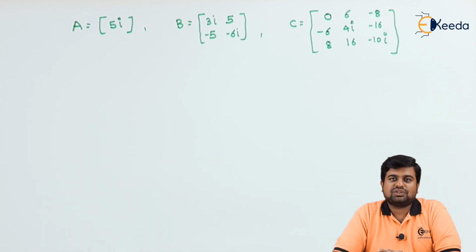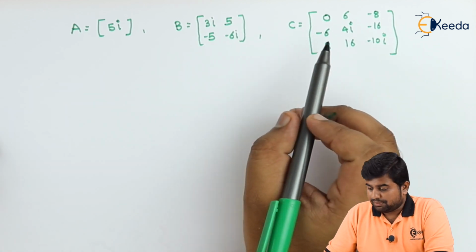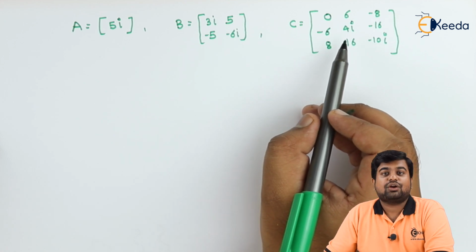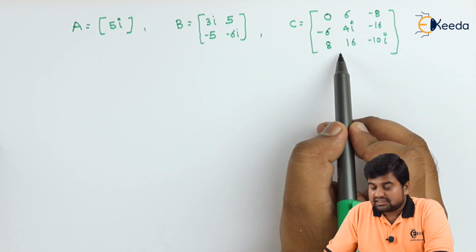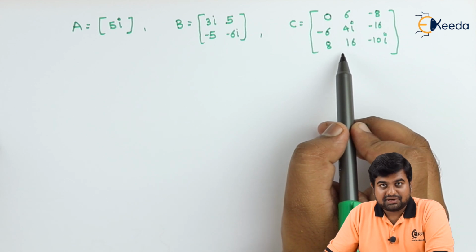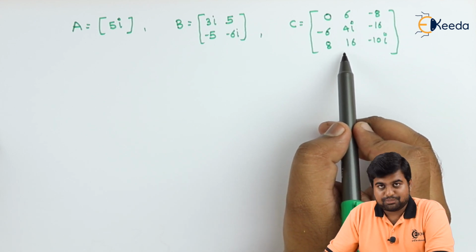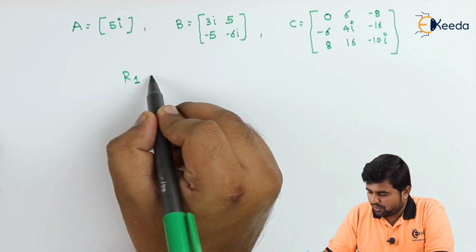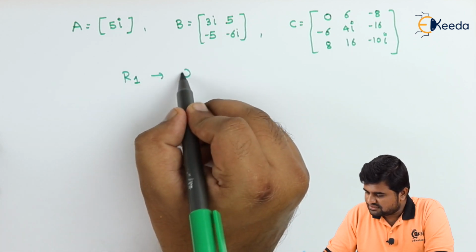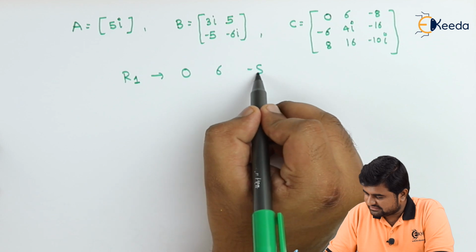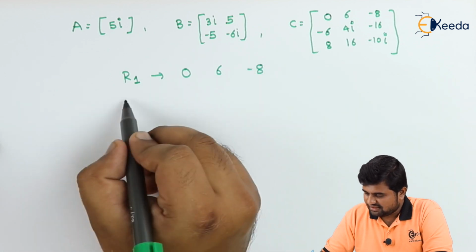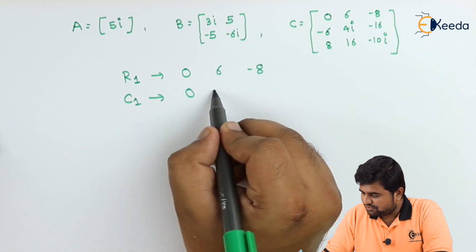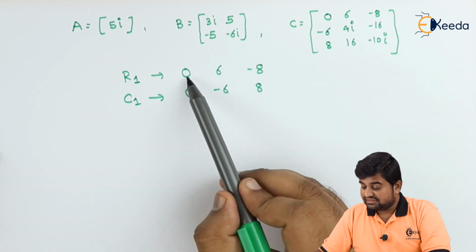So let us focus on the 3 by 3. This property, aij is equal to minus of the conjugate of aji. Does this matrix follow the same property? Let us check. Let us take row 1, which is going to be 0, 6 and minus 8, and column 1 as 0, minus 6 and minus 8.